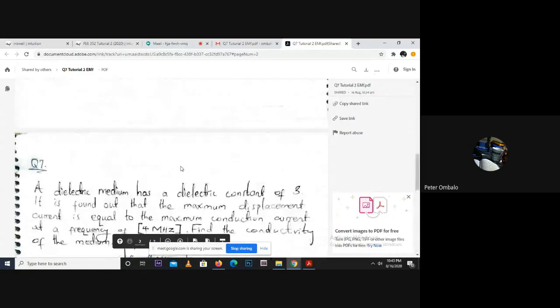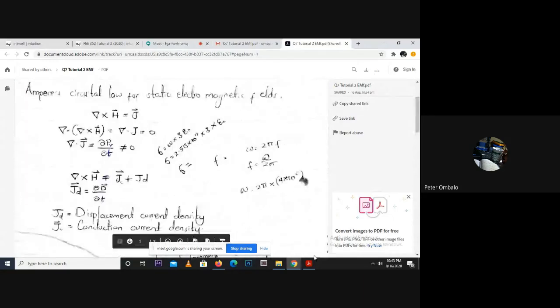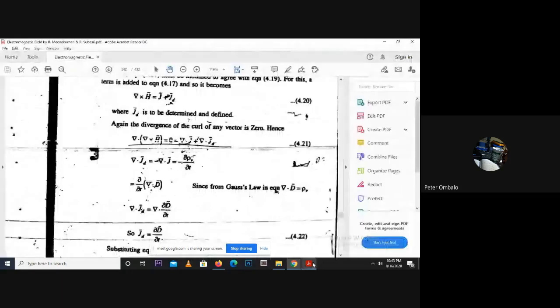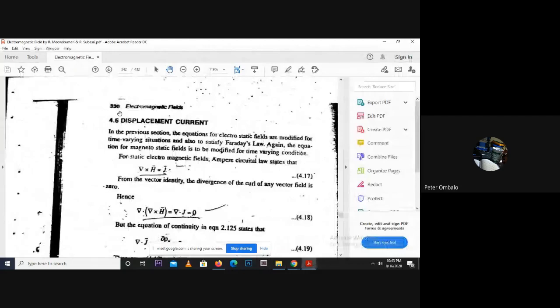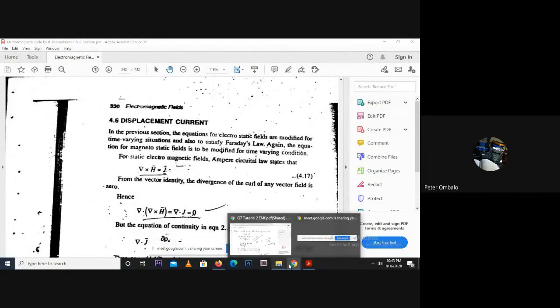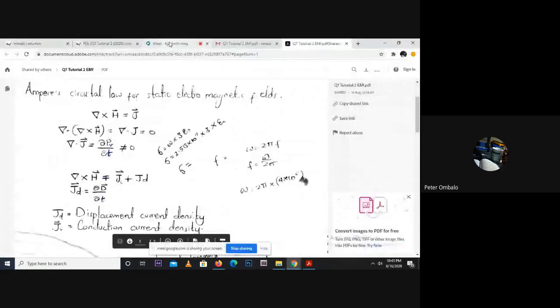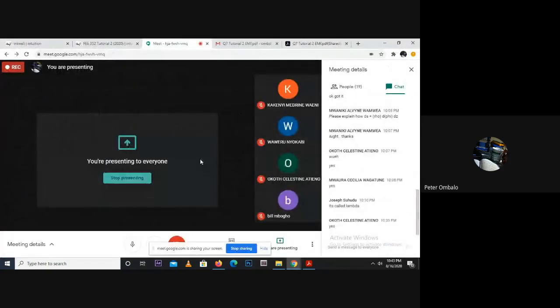It was pretty direct. If you want to look at it, it's on page 330, right from page 330 to around 340 of Minakumari. Yeah, and that was it for question 7. Any questions?